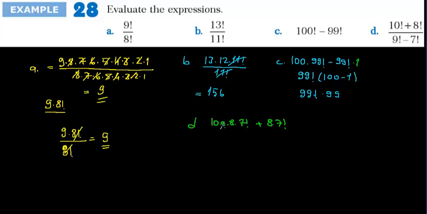And the down is going to be 9 times 8 times 7 factorial minus 7 factorial. We are going to write here times 1 because I'm going to take the common term in brackets, 7 factorial.